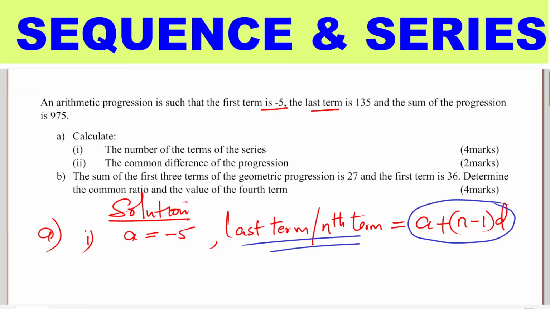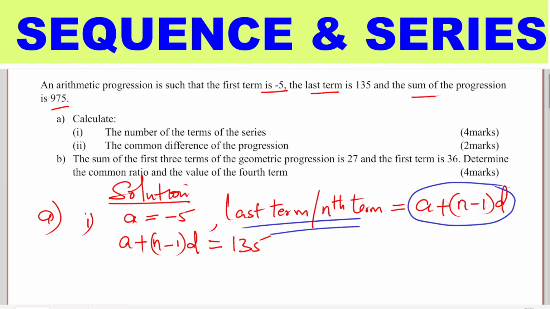So therefore, the nth term, which is A plus n minus 1 D, is equal to 135. Now having this, you're also given the sum of the progression is 975. So how do we get the sum of a number of terms of arithmetic progression? It is given by this formula.